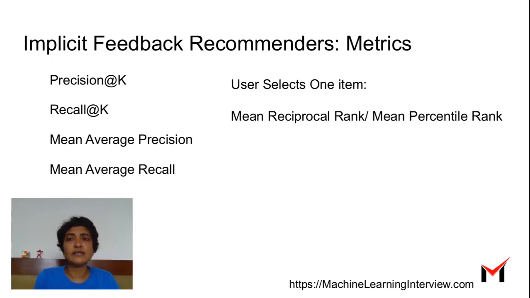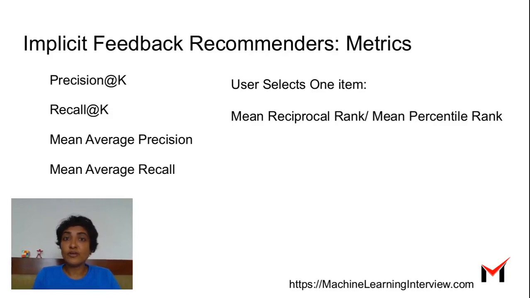How do you measure that? So the first thing you can think of is precision and recall, similar to classification. Precision in this context would be the fraction of items recommended that were actually relevant. Recall is, out of all the relevant items, how many were recommended.